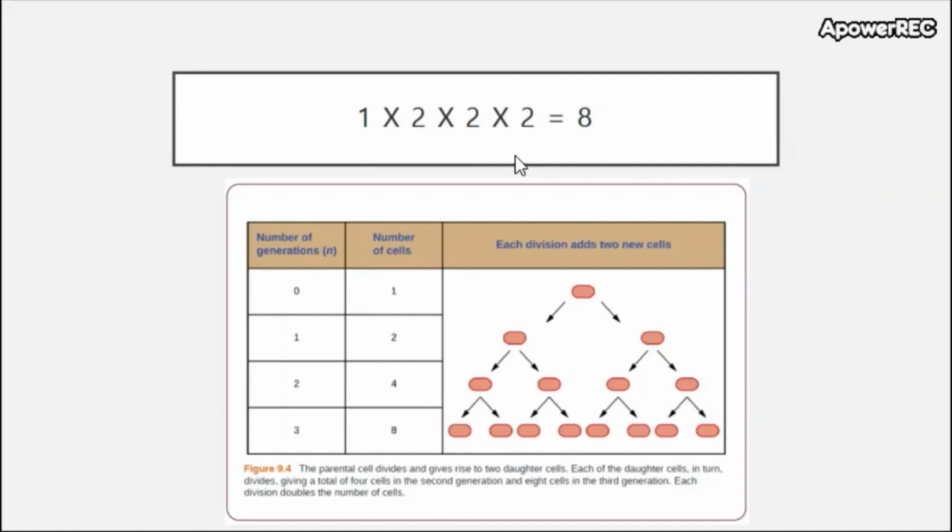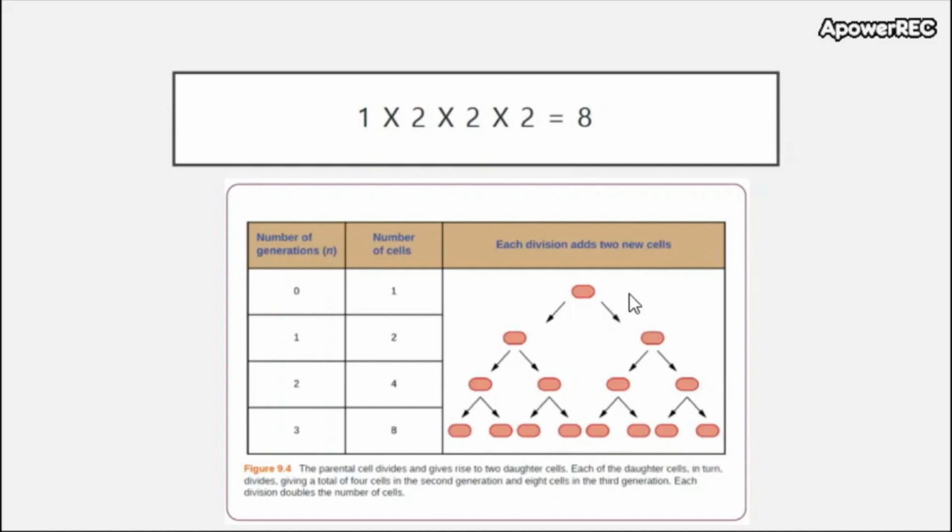We can draw this pattern as a formula up above if we just start with our generation 0 and write down the number of cells, which is 1. Now we're going to experience a doubling of that, so we're going to multiply that by 2, for a second generation. And we'll have a third generation here, so we'll multiply it by 2 again. Just imagine we're drawing what we're seeing in these lines here.